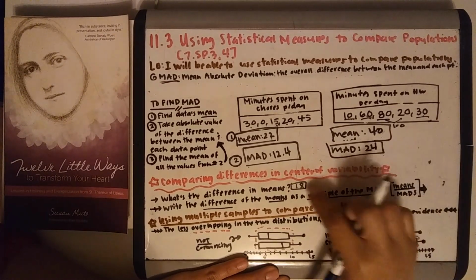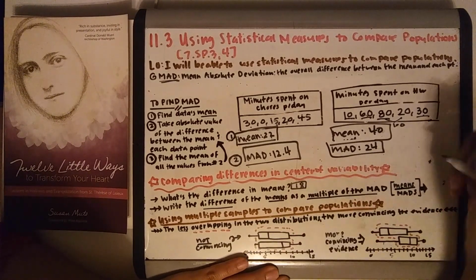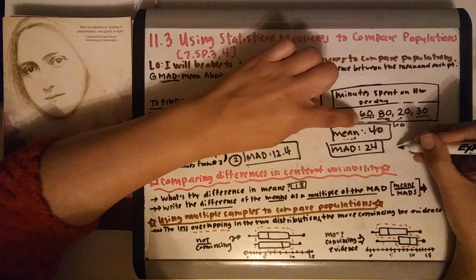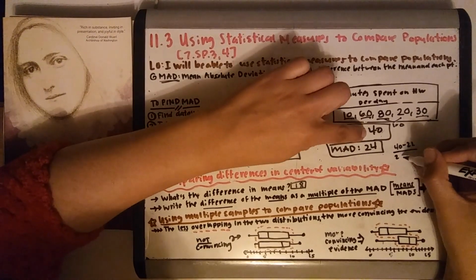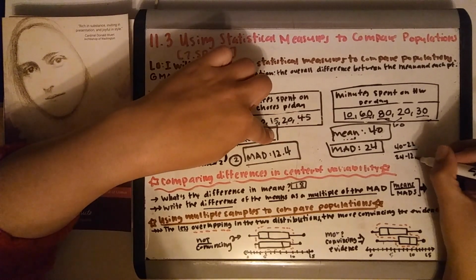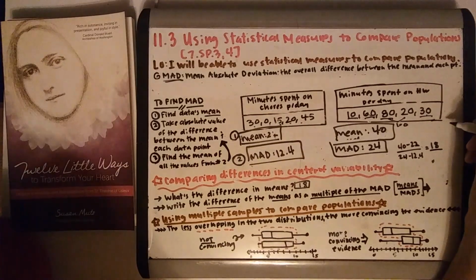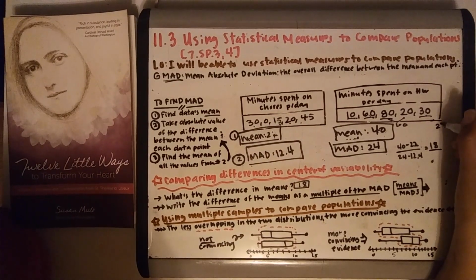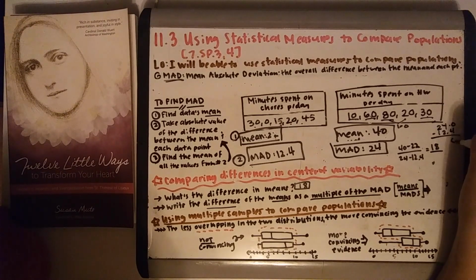We know the difference in the means was 18, but we also have to find the difference of this. So I can say 40 minus 22 over 24 minus 12.4. That's 18, and then 24 minus 12.4, remember we added a decimal here and brought down a 0.